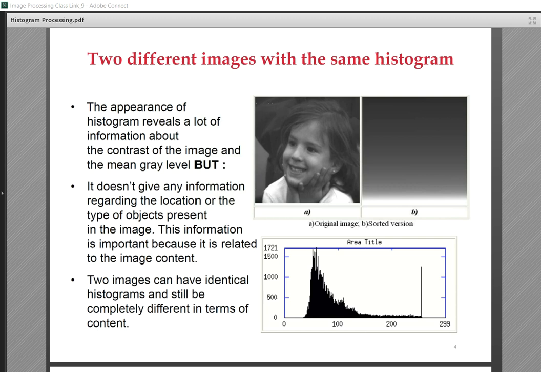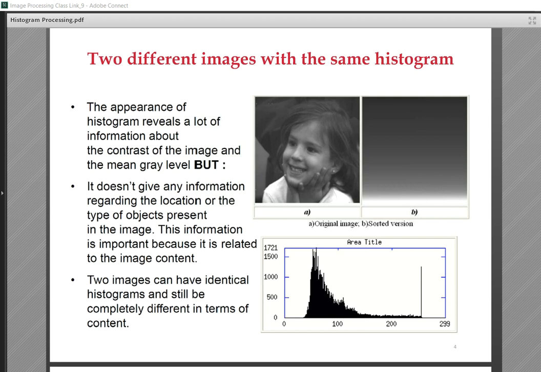That's right. This information is important. What information? The spatial information, okay? A location. It does not give any information regarding the location or the type of objects presented in the image. This information, that means spatial information of pixels, is important because it's really related to the image content, okay?